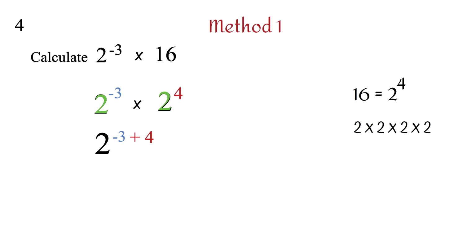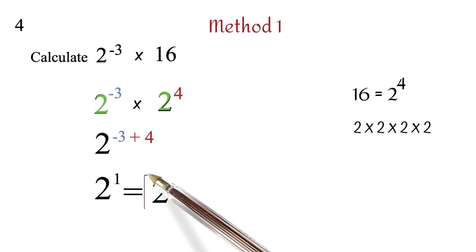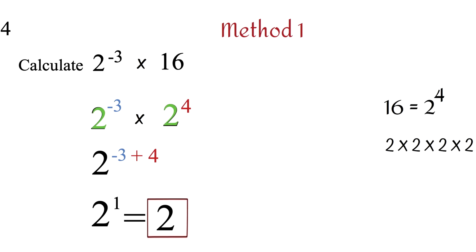Negative 3 plus 4 is the same as 4 minus 3, which is 1. So we have 2 exponent 1. Any number exponent 1 is the same number. So 2 exponent 1 is simply 2. This is our answer.